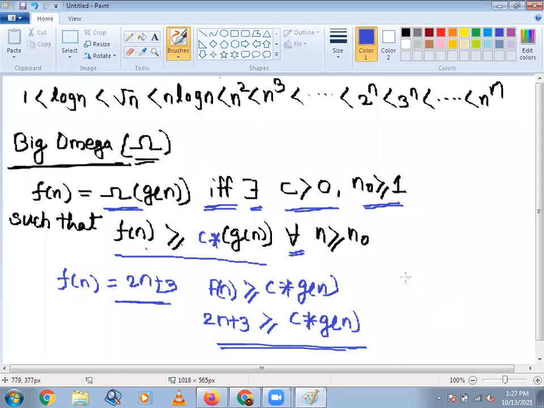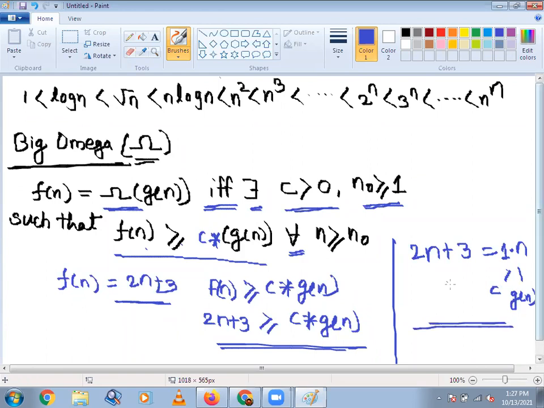Suppose someone has written like this: 2n plus 3 is equal to 1 into n. Here 1 for c and n for g of n. Here c and this is g of n. If n is equal to 1, then satisfying this equation.